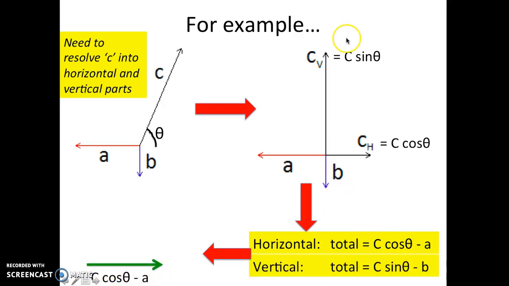I can then add up all my components in the vertical direction, which would be C sine theta minus B, and I can draw that as a line. That's my horizontal and my vertical line. And then finally, I can draw a line connecting these from start to finish, and that is my overall resultant vector of these 3 vectors here.